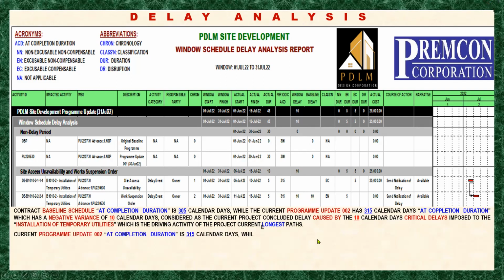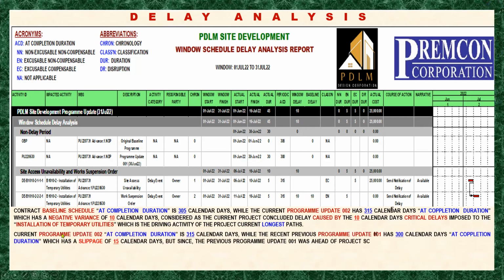Okay, let's go forward. Current program update 002 at completion duration is 315 calendar days, the same as this one, while the recent previous program update 001 has 300 days. So this is it, which has a slippage of 15 calendar days.